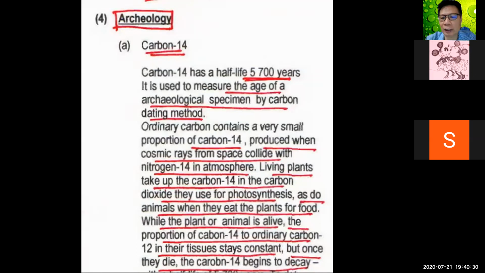After that, all living things, animals and humans, eat fruit, eat the plant, eat vegetables. When we eat rice, vegetables, even meat from animals like chicken, this carbon 14 will then go into our body.